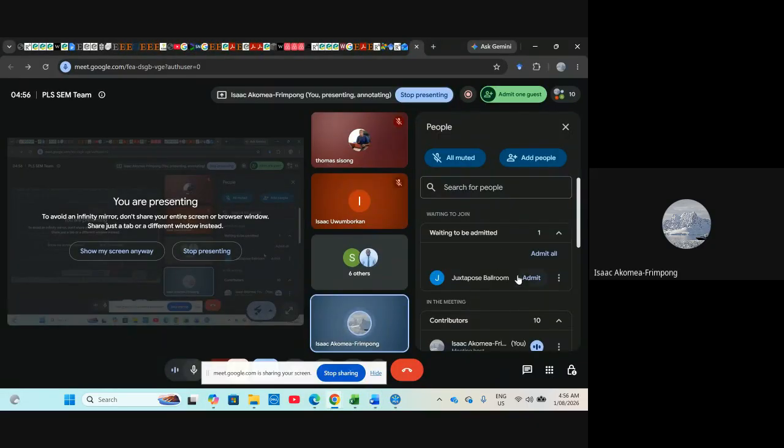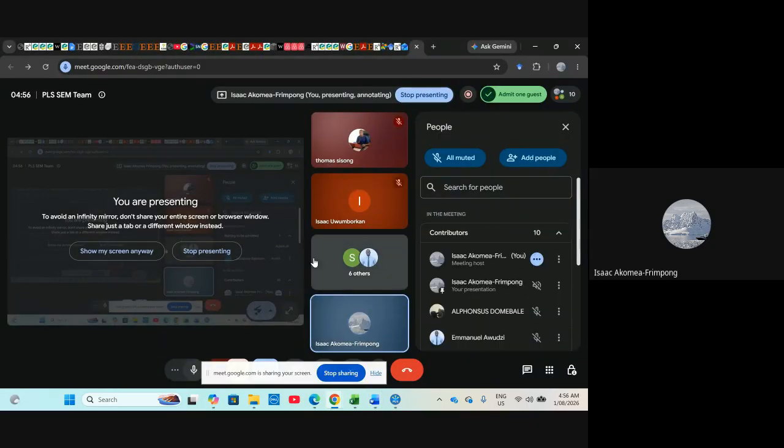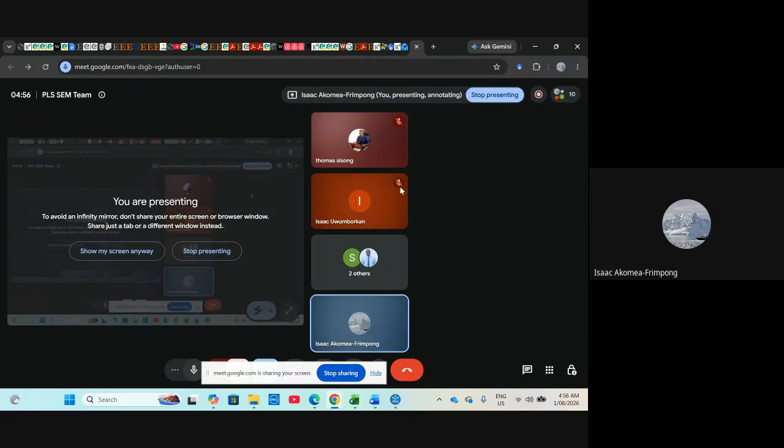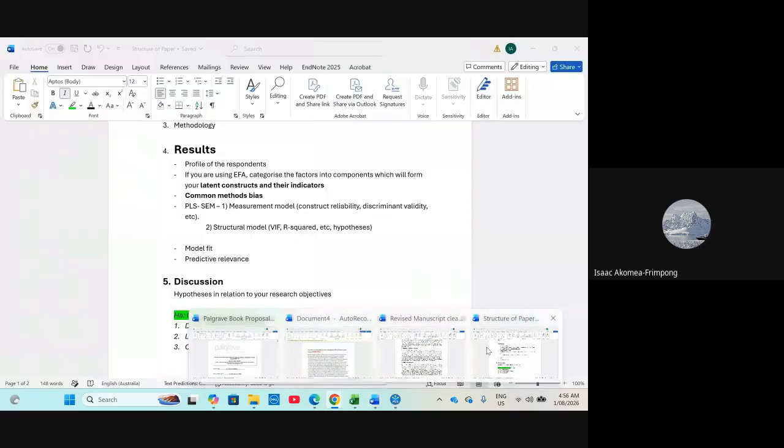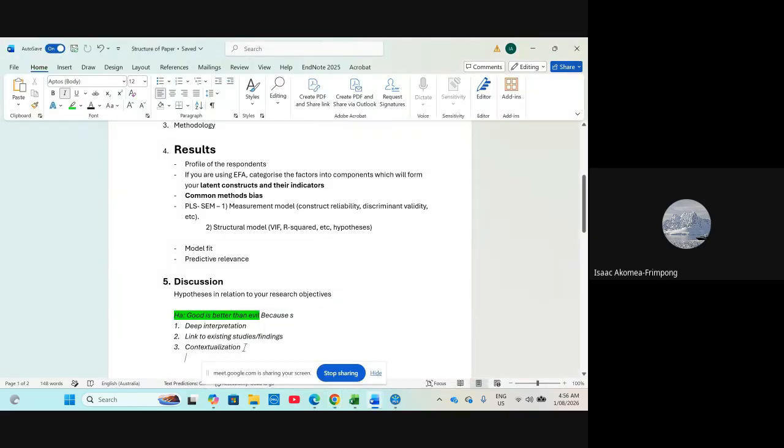So why don't you focus on Ghana? I hope you get my point. This is very important because a lot of people miss this section. The contextualization. I'll use the term geographical or locational contextualization. It is very important. This is where we understand that indeed you conducted a study in a certain setting.